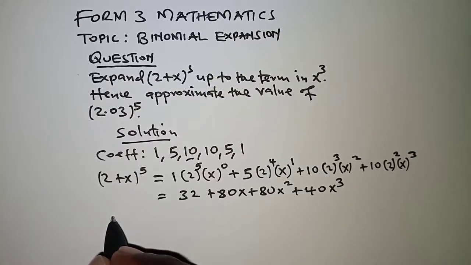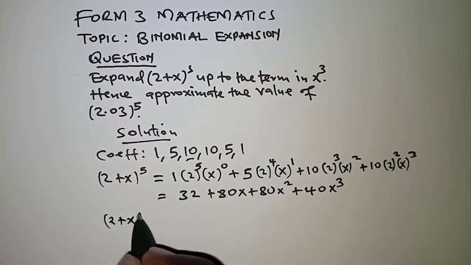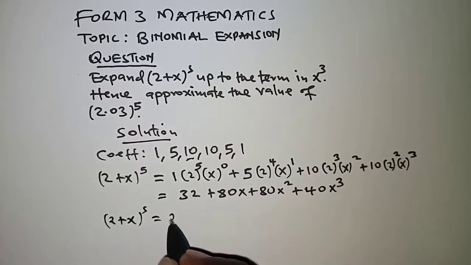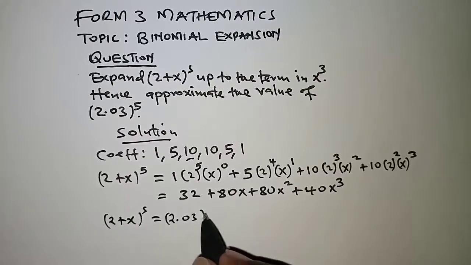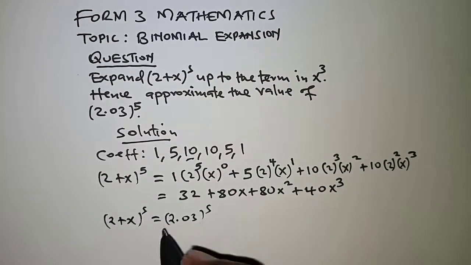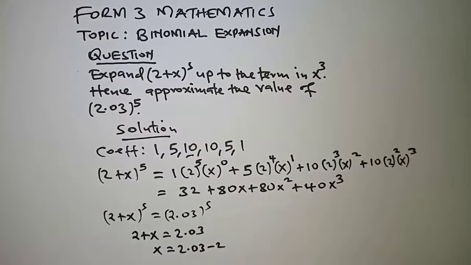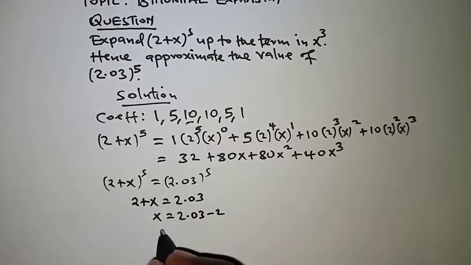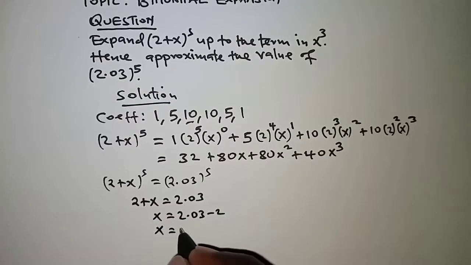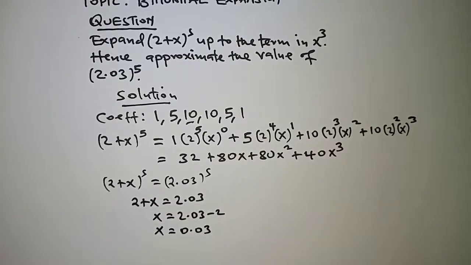So we have 2 plus x raised to 5, we can equate it to 2.03 also raised to 5, and from here we can get the value of x, so that 2 plus x is 2.03, therefore x is 2.03 minus 2, and that means the value of x is 0.03.